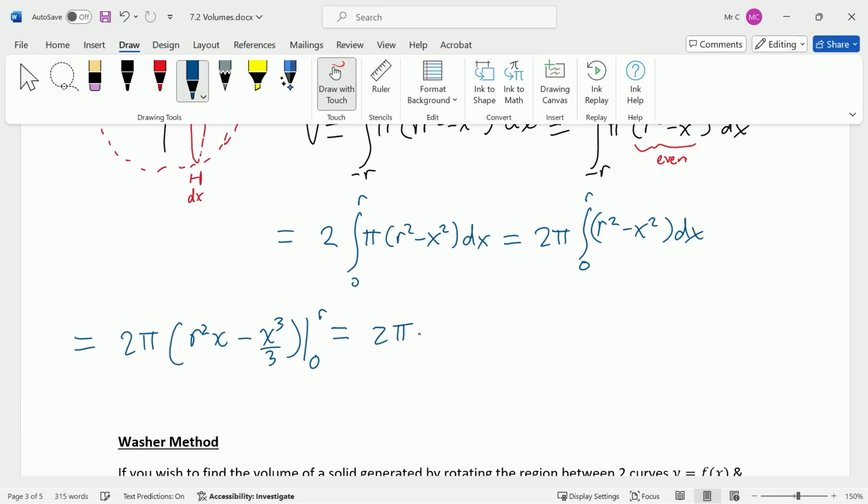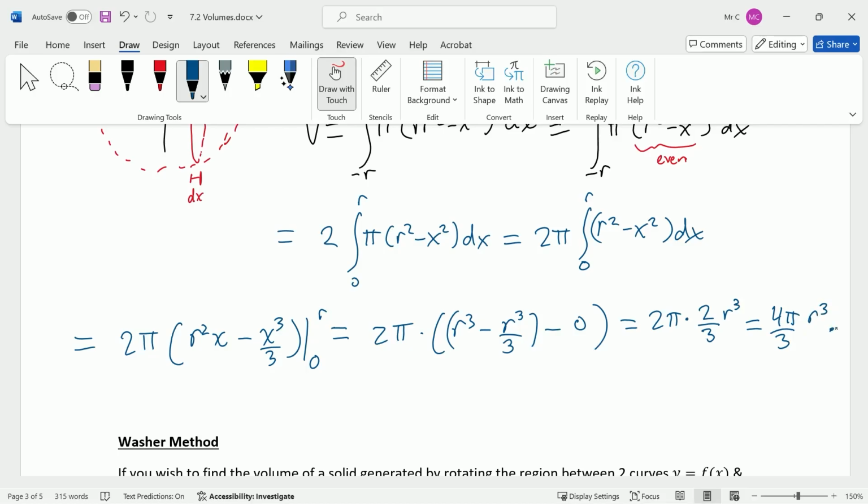That's 2 pi times r cubed minus r cubed over 3 minus 0. R cubed, 1 r cubed minus a third of r cubed is 2/3 of r cubed. This is 2 pi times 2/3 of r cubed. And 2 times 2 is 4, so that's 4 pi thirds r cubed.